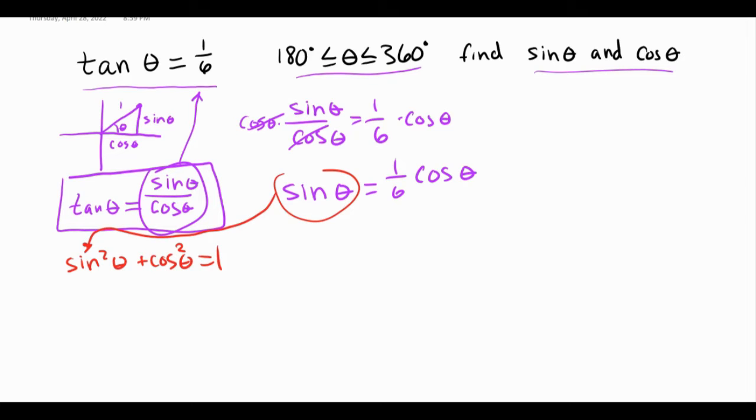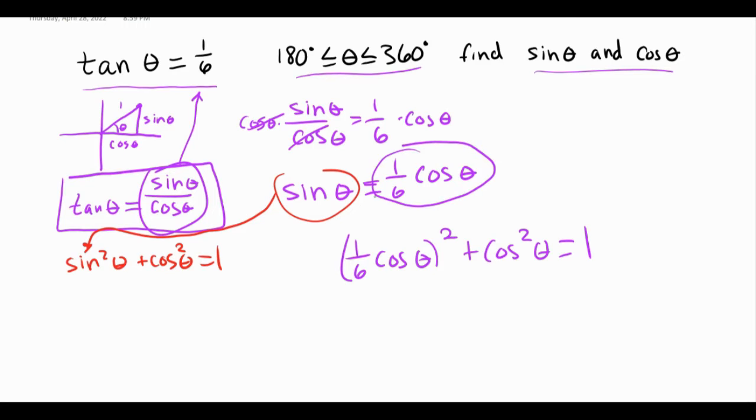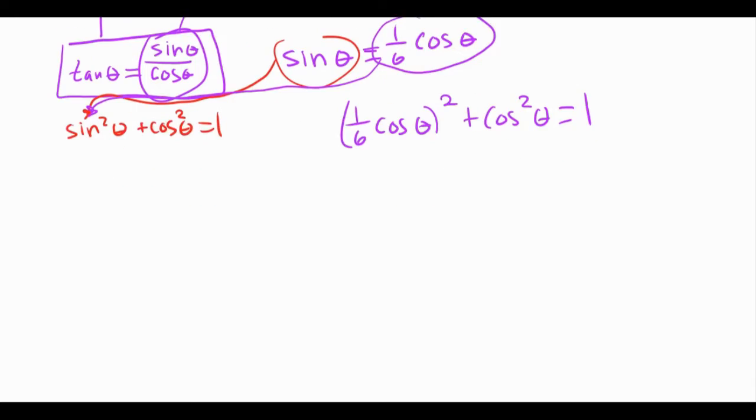So what that looks like is I'm going to have 1/6 cosine of theta, because I know that's equal to sine of theta, squared plus cosine squared of theta equals 1. So again, I just took all of this and replaced it for sine. So now I have just cosine, and I can do some algebra to solve for cosine.